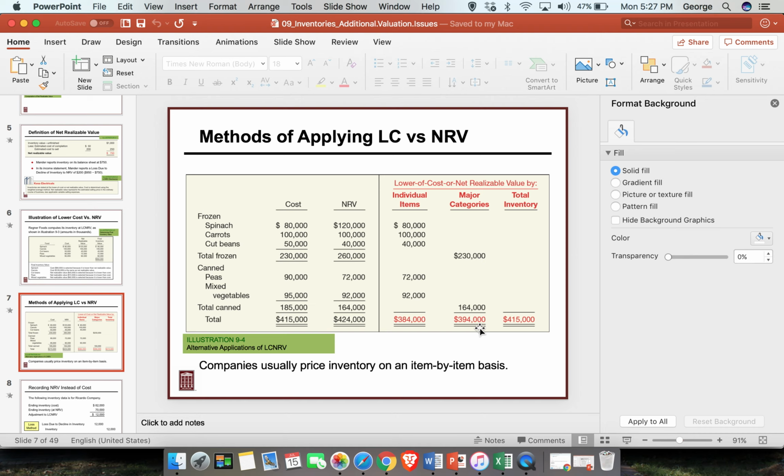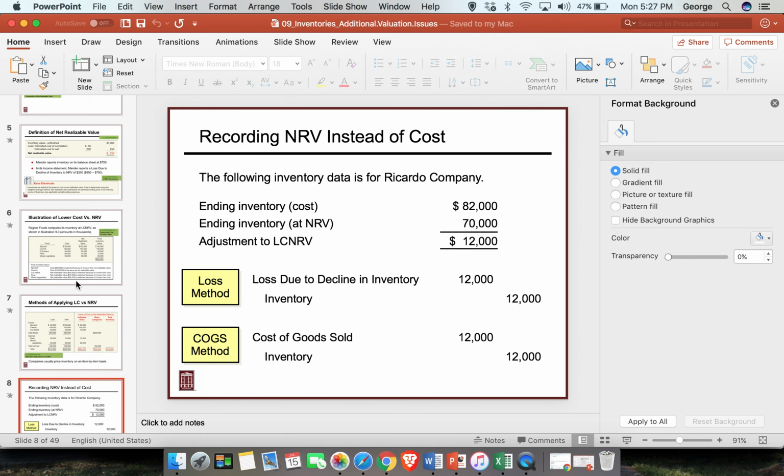And then if I just added all the inventories up, I'd use cost, right? Because total cost of 415 is less than total NRV of 424, so 415 for this one. But as I mentioned earlier, it's really the individual item. Doing it one by one is normally what companies use when computing NRV.